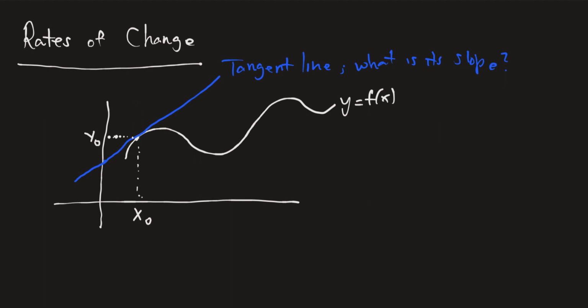And just to give you an idea of another reason why this question is fairly interesting, what if we picked different points? What if we had another x value? Let's call that x1. And I'll just do a couple more. Let's say we have this as x2, and then let's say we have this as x3.